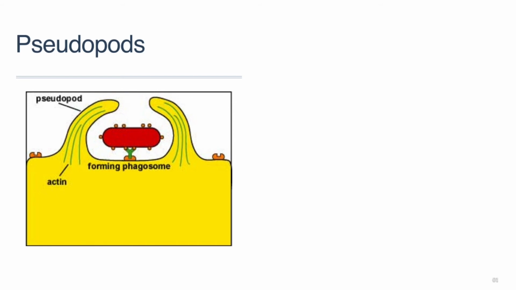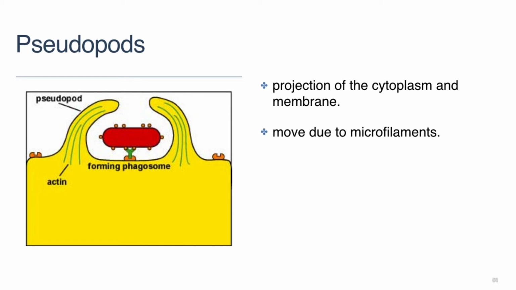Protein fibers are also found inside structures called pseudopods. Pseudopods are not permanent structures of a cell. They are temporary arm-like projections of a eukaryotic cell membrane. They are filled with cytoplasm, and pseudopods or pseudopodia primarily consist of actin microfilaments.